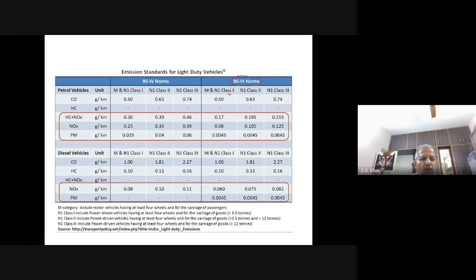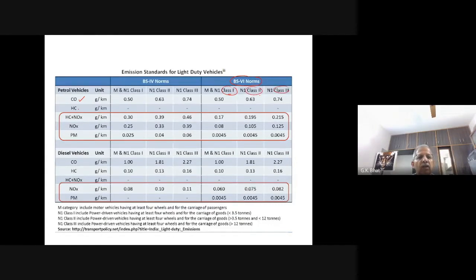Class 2 includes power-driven vehicles having at least 4 wheels, 2 wheels, like that. For carbon monoxide, CO, the permitted level of this air pollutant coming out from the vehicle is 0.5, 0.63 or 0.74. These are for the different types of vehicle, class 1, class 2, class 3.